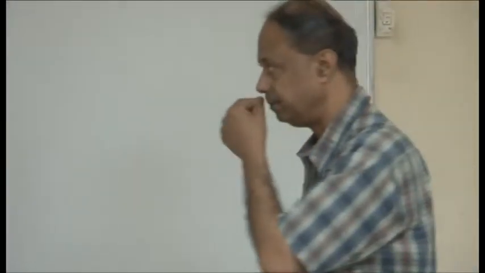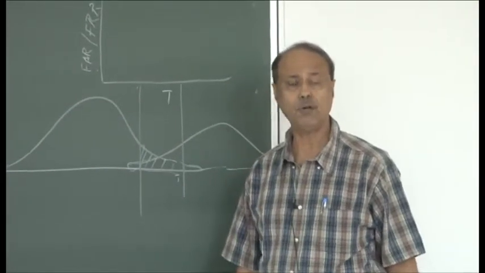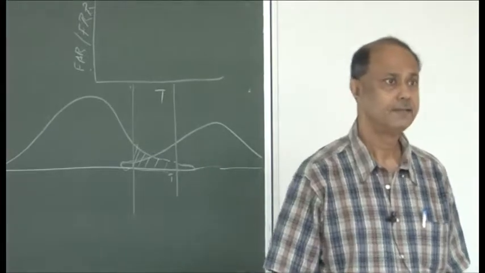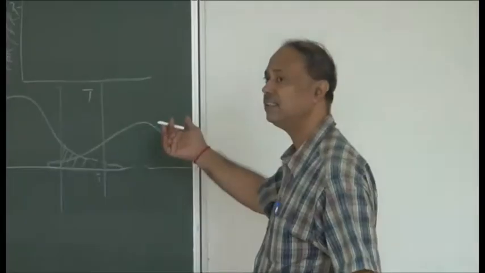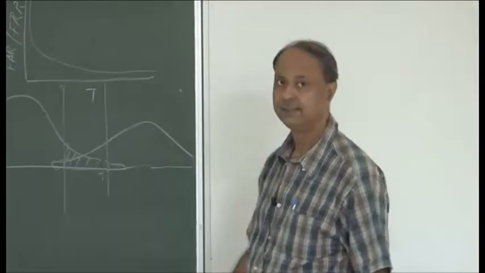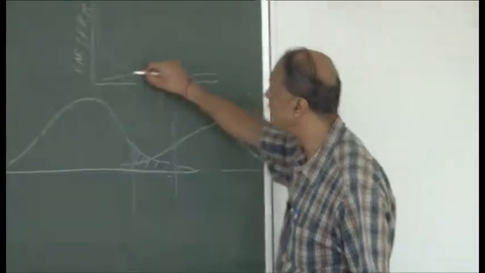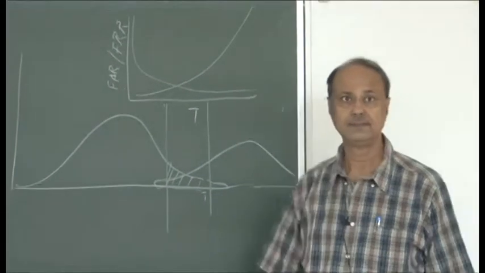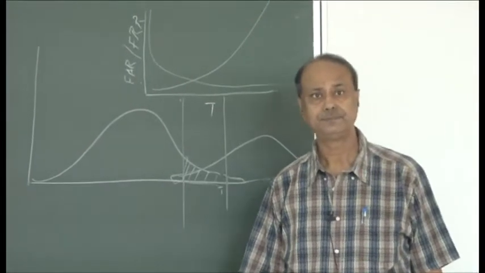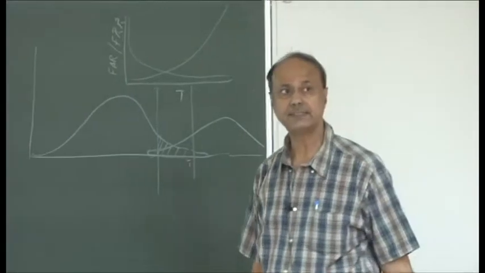Now, if T is small, what will happen? False acceptance rate will be high, and if T is large, the graph will be like this, right. And similarly, the other one will be like this, right. So, this is known as the FAR versus FRR graph.